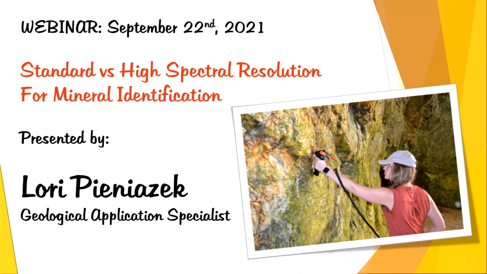Today's webinar, we will be focusing specifically on key differences between using a standard spectral resolution spectrometer versus what the benefits are to using a higher spectral resolution spectrometer. We'll first discuss the differences between our OR Express and our OR Expert.